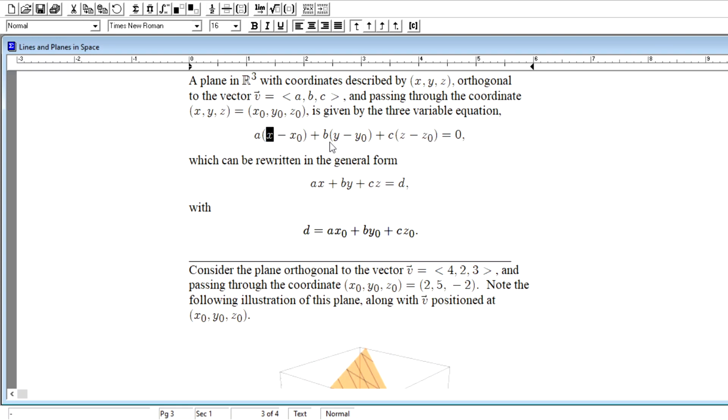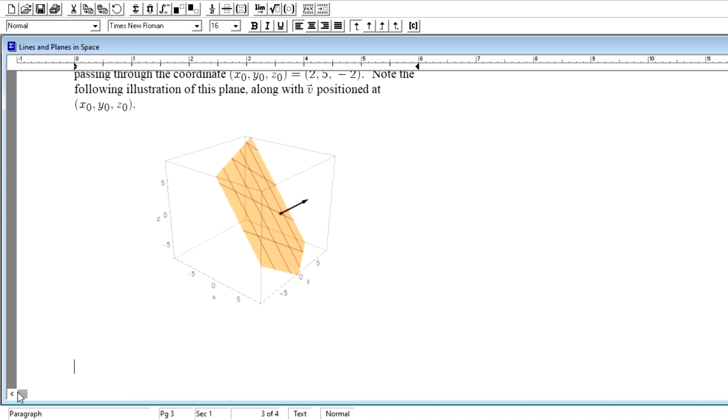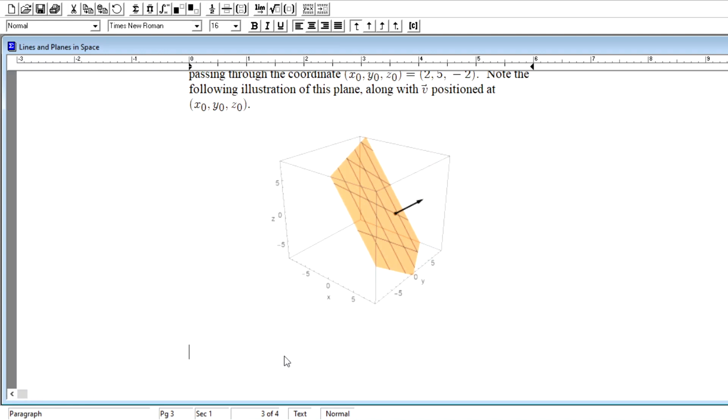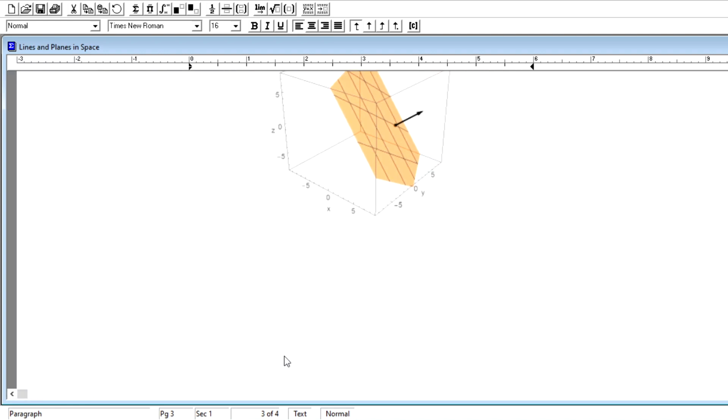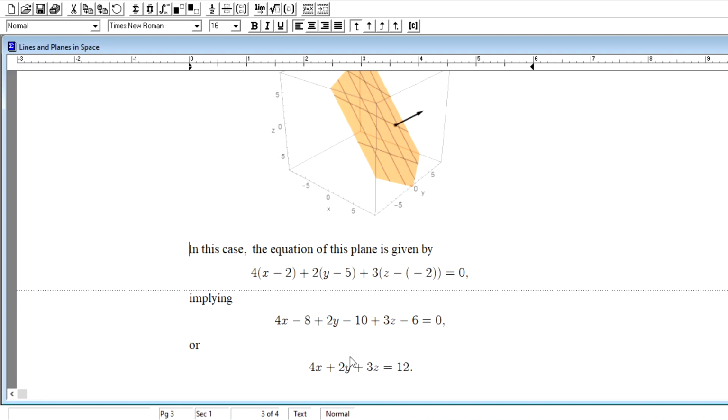The variables x, y, and z will play the variable role within this three-variable equation. Substituting in those values, we prepare the following equation.